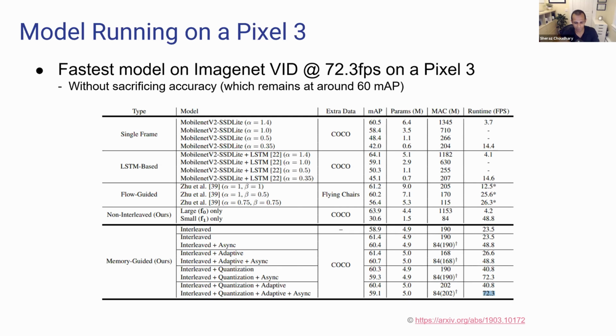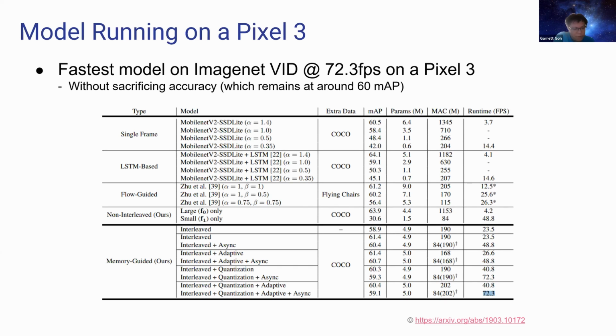Exactly, and from my little notes I scribbled here, quantization led to 16 extra frames per second, and asynchronous actually had the biggest jump, which led to 30 extra frames per second. So in terms of importance, I think the async is extremely important, followed by the quantization, and the adaptive in this case didn't seem to have much of an effect at all.